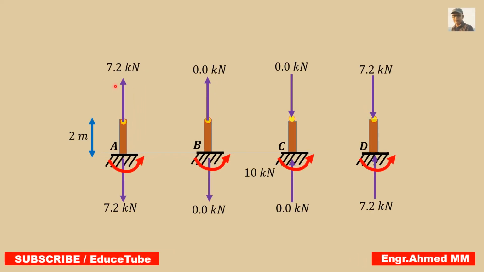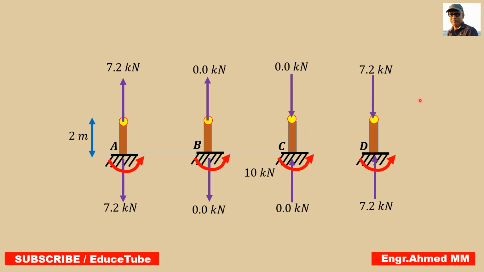Look at this 7.2, 0, 0, 7.2 we brought from previous slides. Now surely, as we know, these are the forces acting in this direction, this direction, this direction, this direction. Surely there will be the same magnitude here also at the support. It will be working like this, 7.2, 0, 0, 7.2.